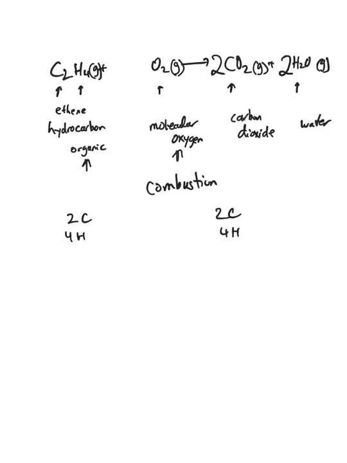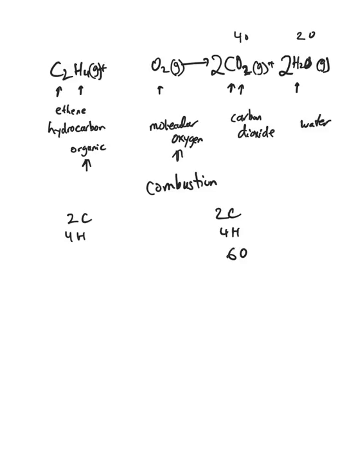I've got 2 oxygens on the left, but on the product side I've got 2 times 2 is 4 oxygens from the carbon dioxide plus 2 times 1 are 2 oxygens in the water. I've got 6 oxygens on the product side. That gave me my 6 oxygens.